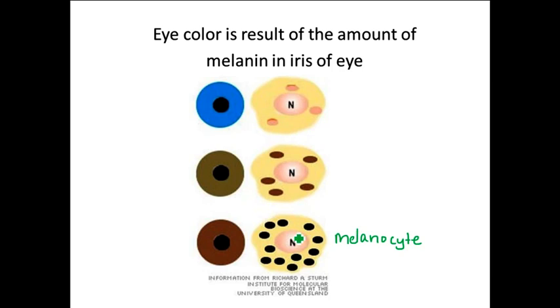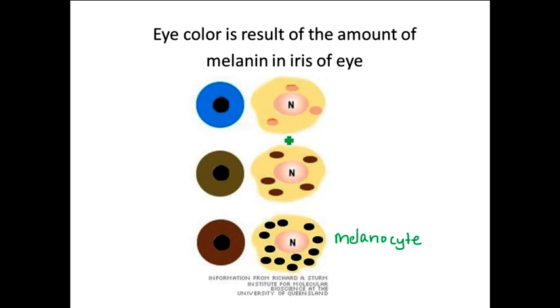Someone with brown eyes has many melanocytes producing lots of melanin in their iris. Someone with green eyes has fewer melanocytes producing less melanin, and then someone with blue eyes has either no melanocytes or very few melanocytes, not producing very much melanin at all.